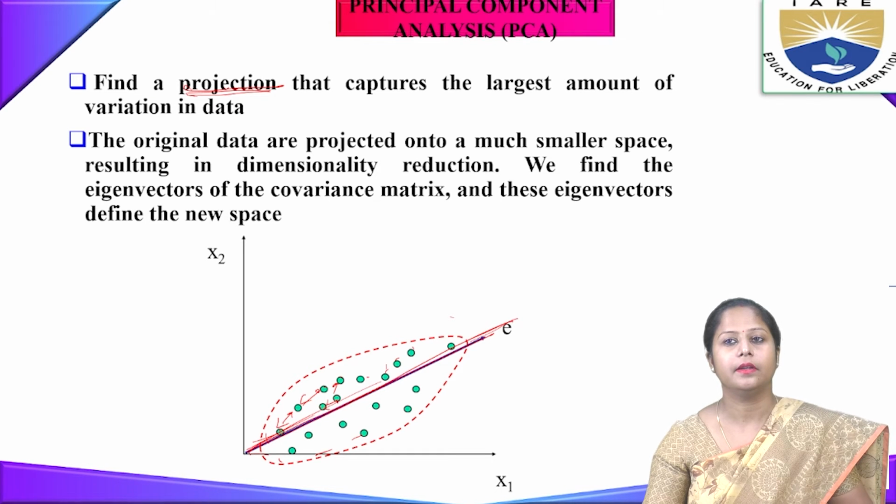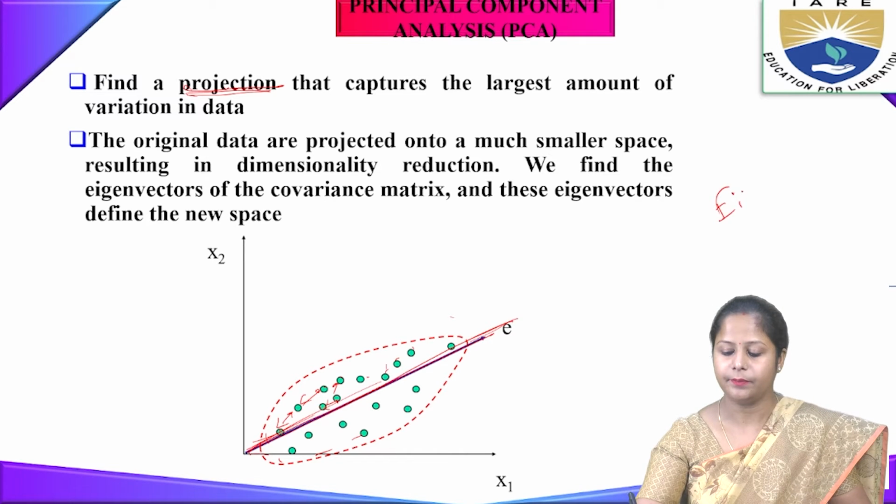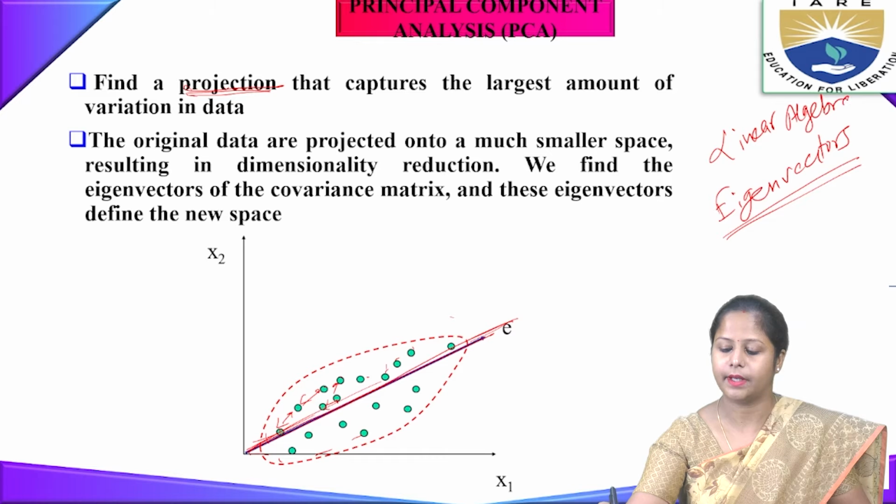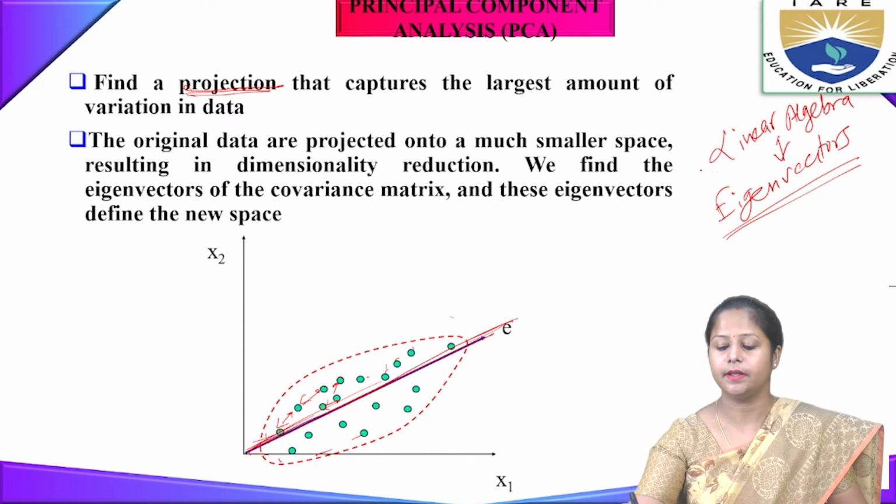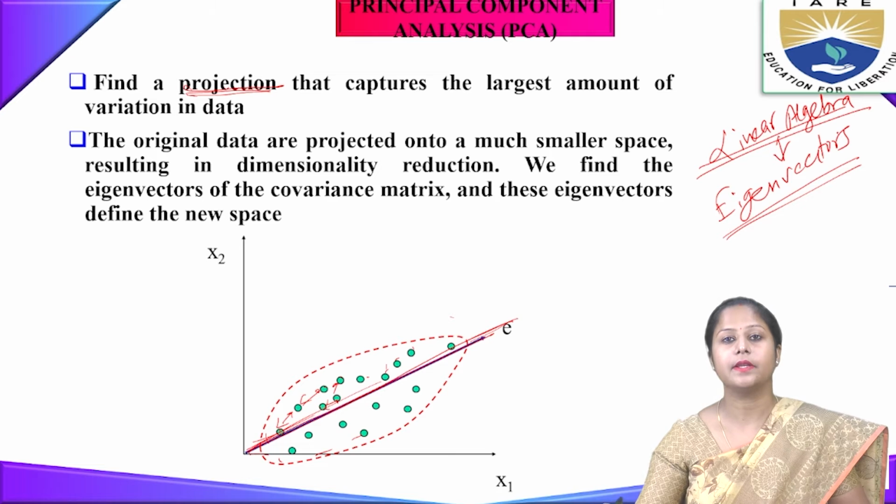For that, we have to find the eigenvectors. That is a method in linear algebra. We have to find the eigenvectors of the covariance matrix.